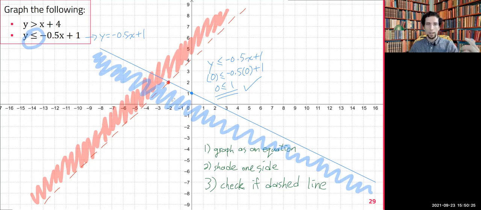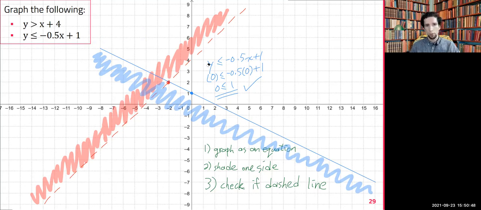Our sign is a less than or equal, so the points on the line itself are included. Those are part of the inequality, so it's okay to include them. So a solid line is what we want.